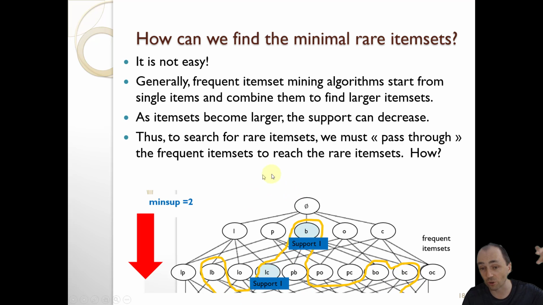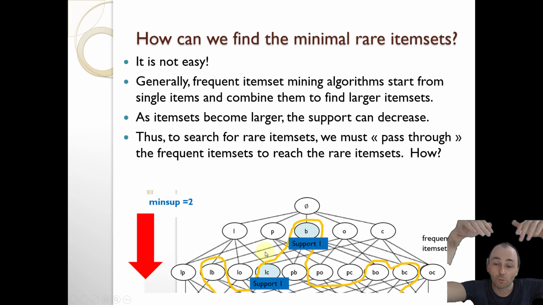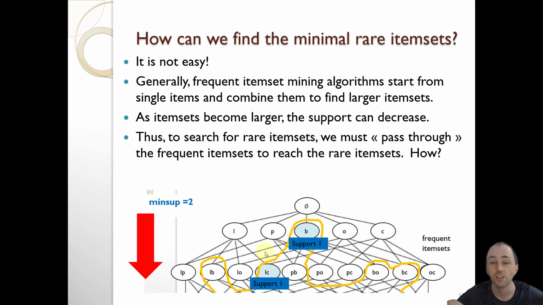But the algorithms, they always start to search from the small item sets. So if you want to reach the minimal rare item sets, you need to search from the frequent item sets and go down. Go down means to build a larger item set until you find the minimal rare item sets.